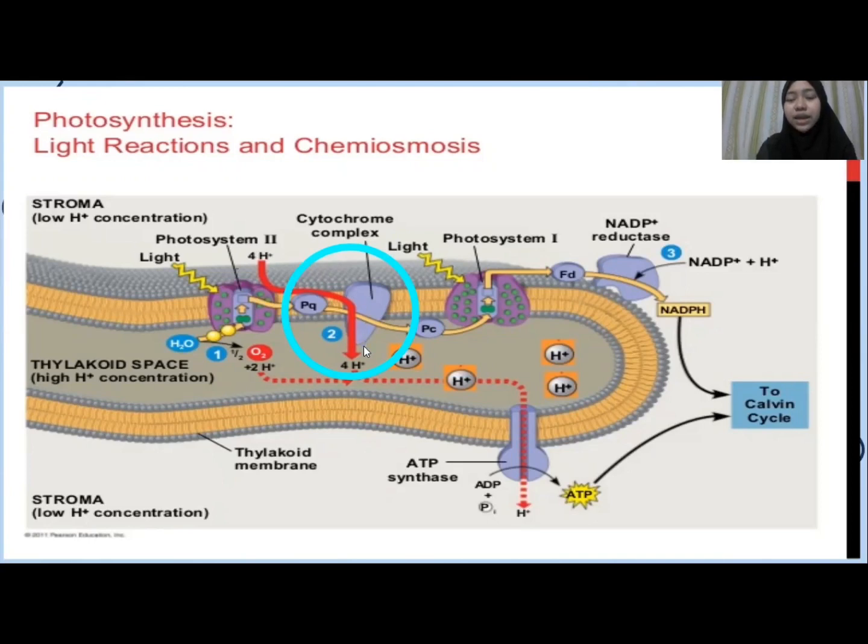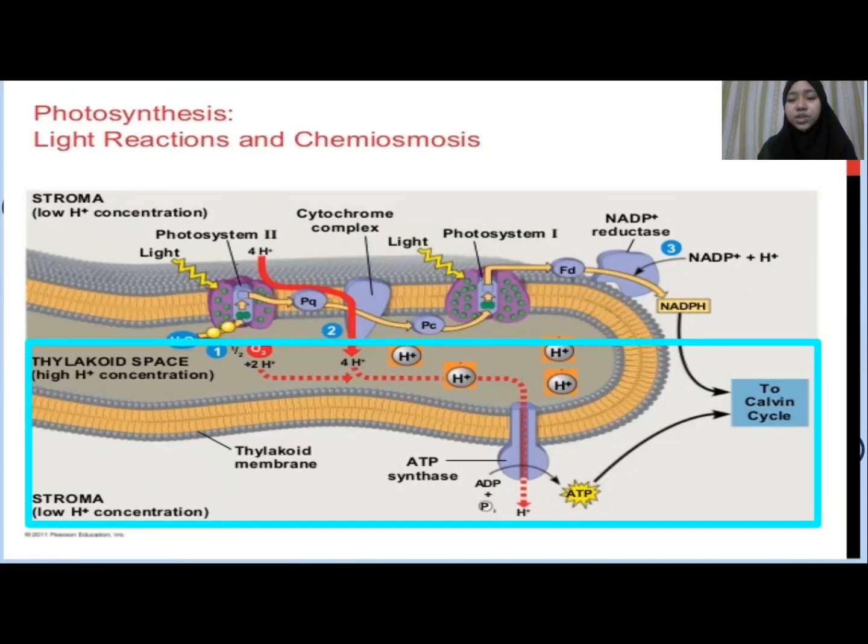This event further increases the concentration of protons, which is higher in the thylakoid space compared to the stroma. This imbalance of proton concentration will lead to a change in pH value, which will disrupt the homeostasis, which is why these protons need to be transferred out from the thylakoid space with the help of ATP synthase.